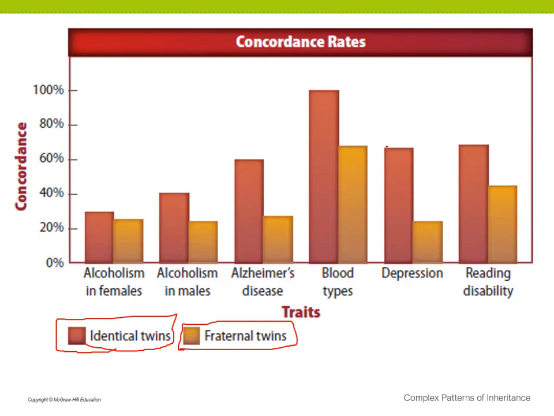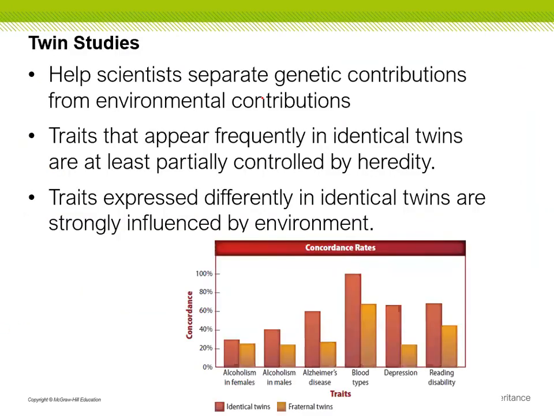There's a lot of genetics that actually are in play there. Versus fraternal, a lot of that seems to be environmental. So when we look at twins versus non-twins, this helps us figure out what is genetic and what is environmental.